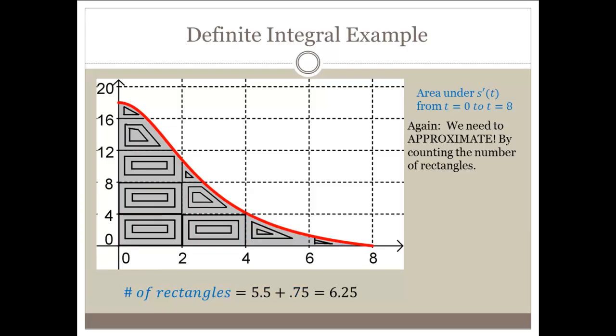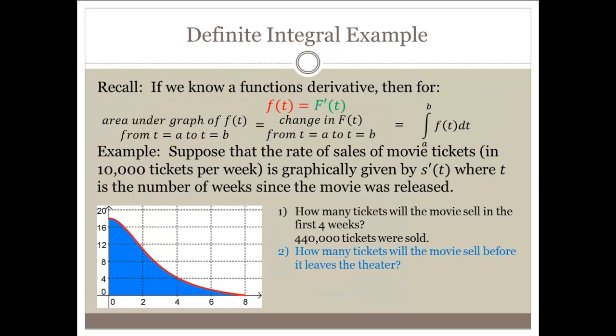So in total, we have 6.25 rectangles. Again, remember that the area of each rectangle is 8, so the area under the graph is 8 times 6.25, which is 50. Since these are also in tens of thousands, we get that the number of tickets sold is 500,000. Bringing this back to our original question, how many tickets will the movie sell before it leaves the theater? We now know that it will sell about 500,000 tickets.